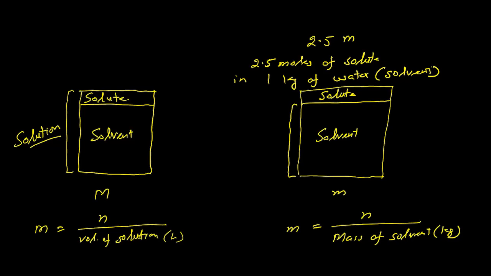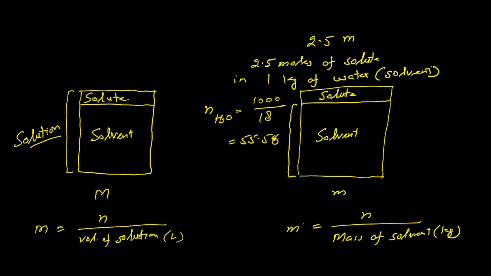So you have 1 kg of water as solvent, and you need to convert this into moles. Moles of water will be given mass, 1000 grams, divided by molar mass 18, which gives 1000 by 18, 55.5555, which you will write as 55.56.